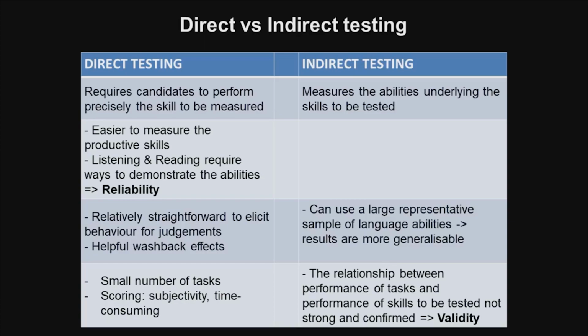So the relationship between the tasks that the students have to do and the skills that you want to test may be loose and is not confirmed. So this is a disadvantage of this type of testing.